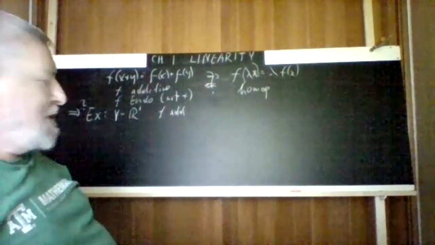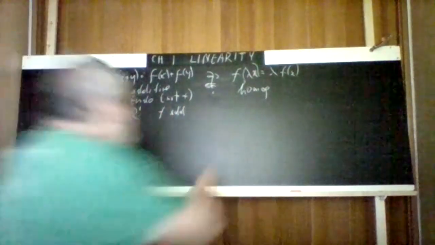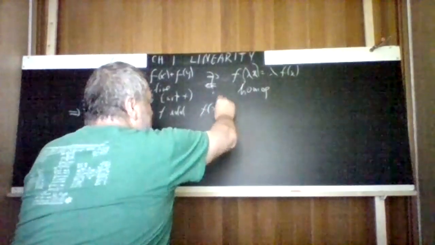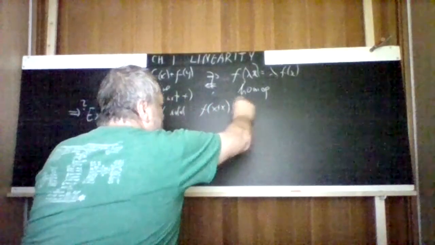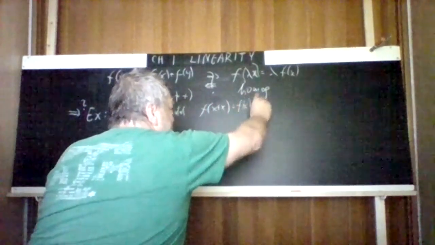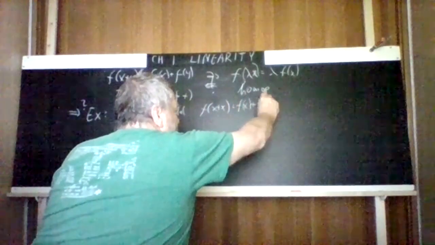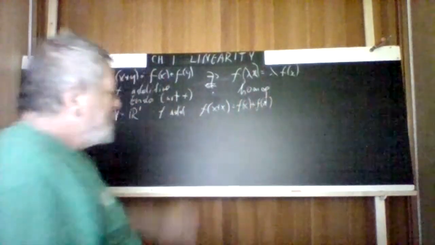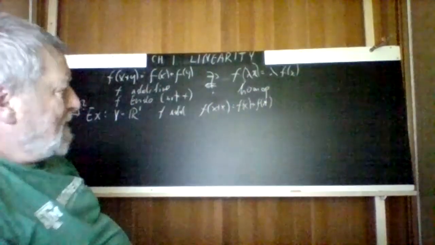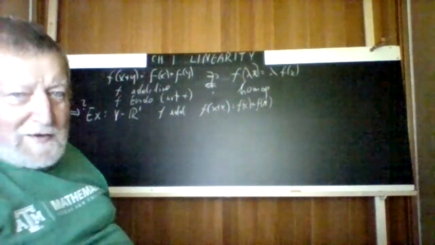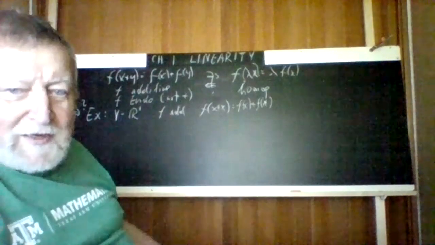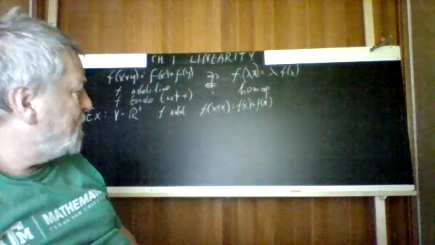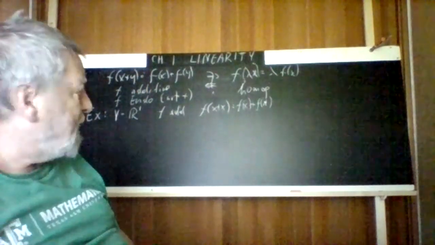Now you can say if f is additive, then you have f of x plus x is equal to f of x plus f of x, which means that f of 2 times x is 2 times f of x. And the same, of course, works for 3 or 4 and so on, even for negative coefficients.